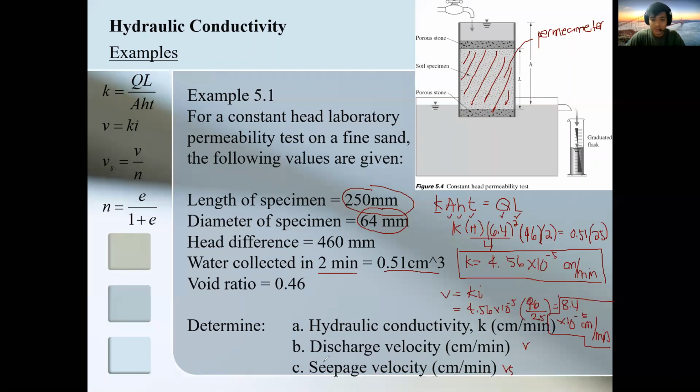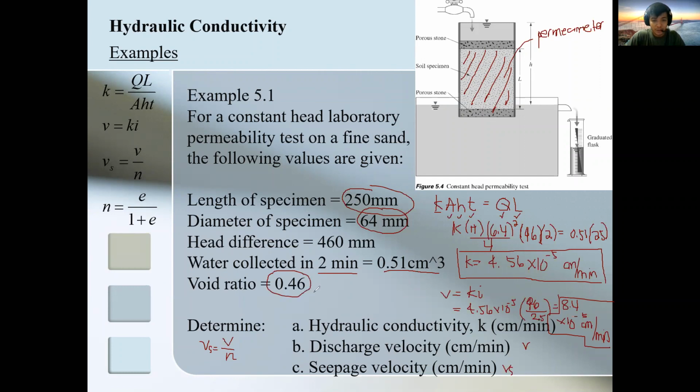Okay, so lastly is your seepage velocity. Seepage velocity is V all over n, right? Now what is n? But we have the void ratio given.